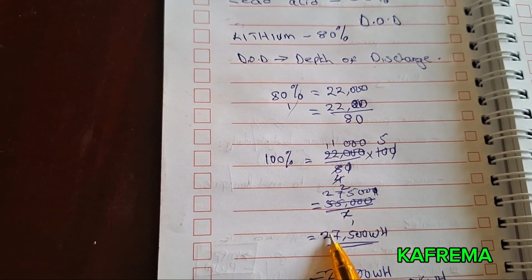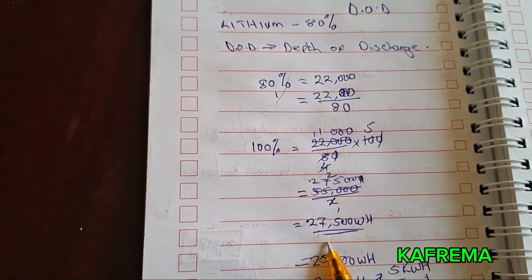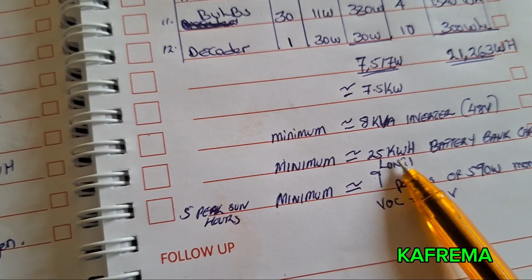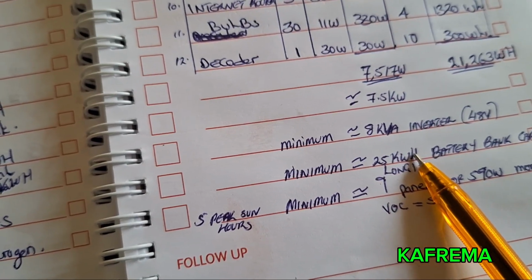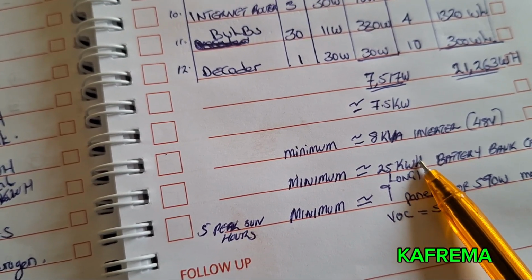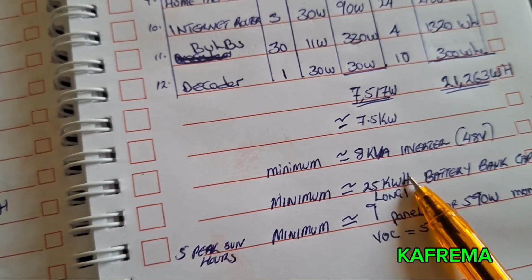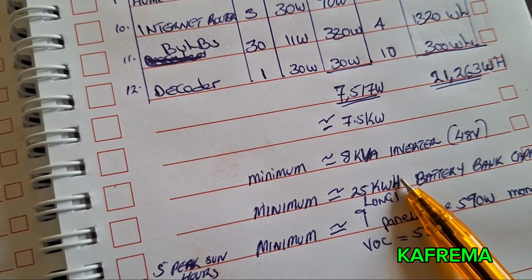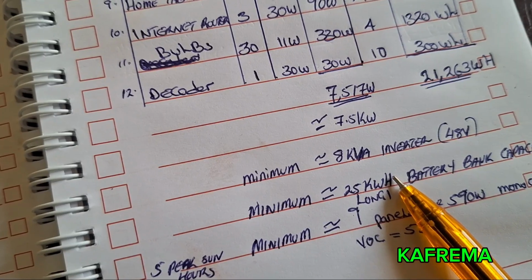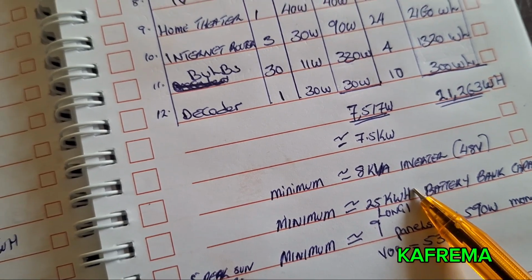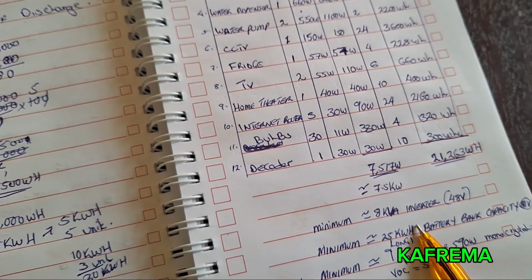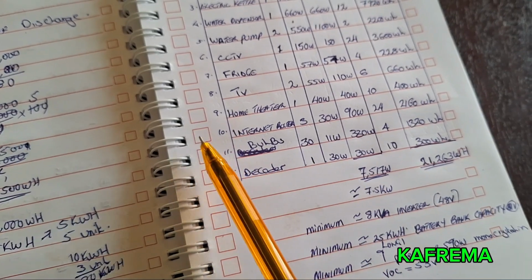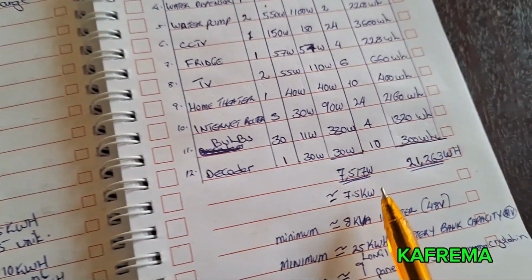We saw 27, but here we have said that 25 is not bad to start with, because it's not every day you pump water, it's not every day you will iron your clothes, and also it's very unlikely that you will put on all your bulbs at the same time, so it might be less.